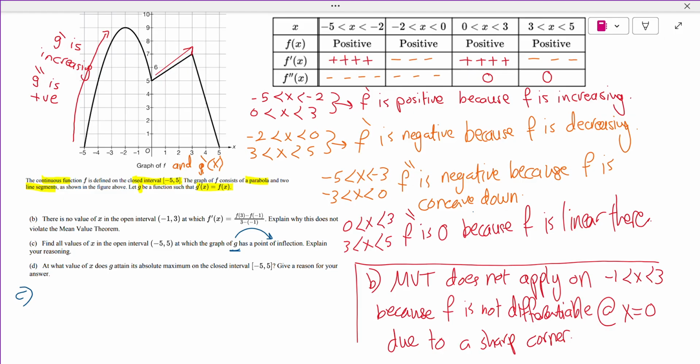But here and here, what happens? In blue, g prime is going down, meaning decreasing. Okay? Meaning g double prime is negative. Right?